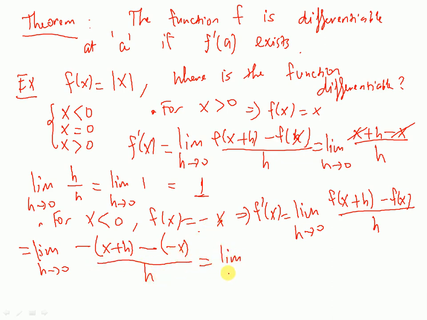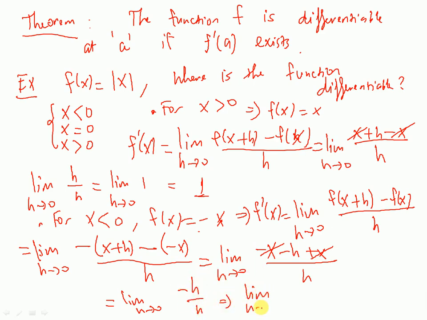So the limit as h goes to 0. Let's simplify this expression. Minus x, bring the minus inside, and then plus x here. So the limit as h goes to 0, minus x plus x is gone, minus h over h. The limit as h goes to 0 becomes minus 1, and the limit of any number is just that number. So minus 1.